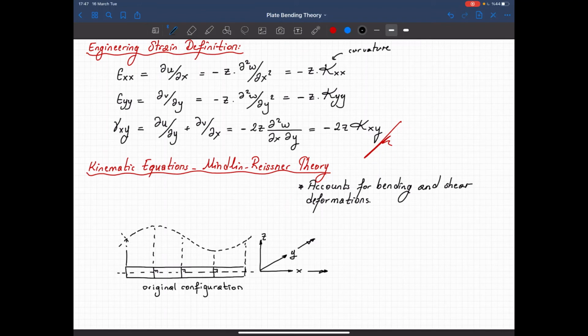So just to show that, let me first plot the 90 degrees. And let's say that that's the material axis here, that's the material axis at this point, and let's say that this is the material axis. So that's the way we will see the deformations.